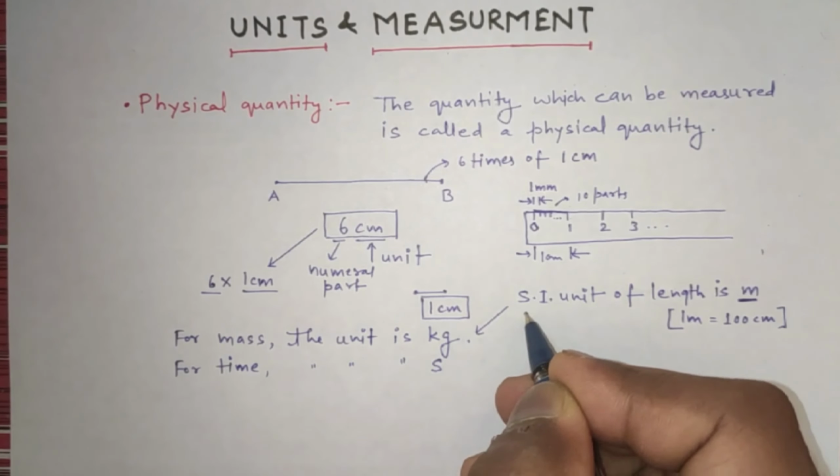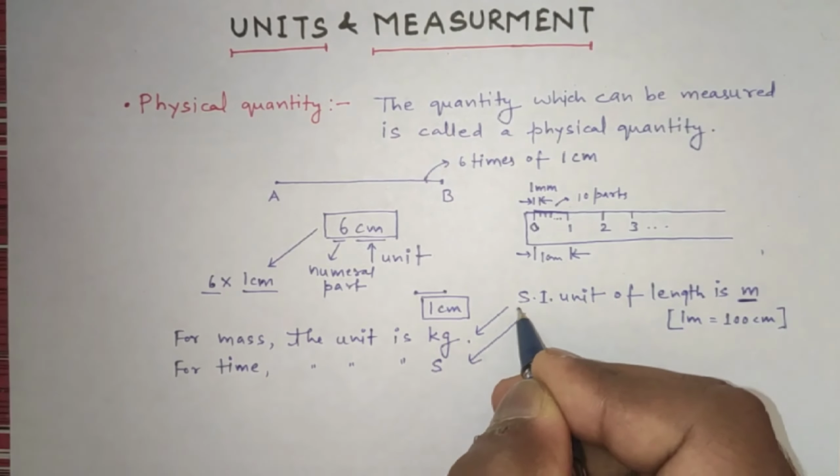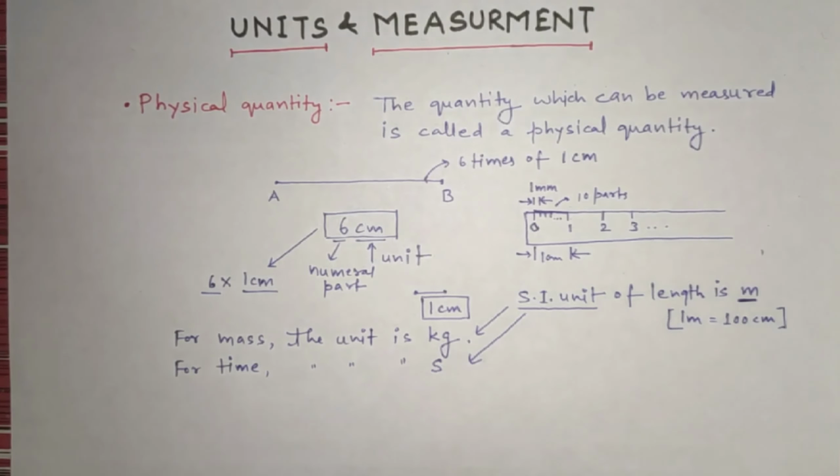These are also SI units. Okay, so there are various systems of measuring physical quantities in terms of SI unit, in terms of CGS unit, in terms of MKS unit. We will discuss it in next videos.